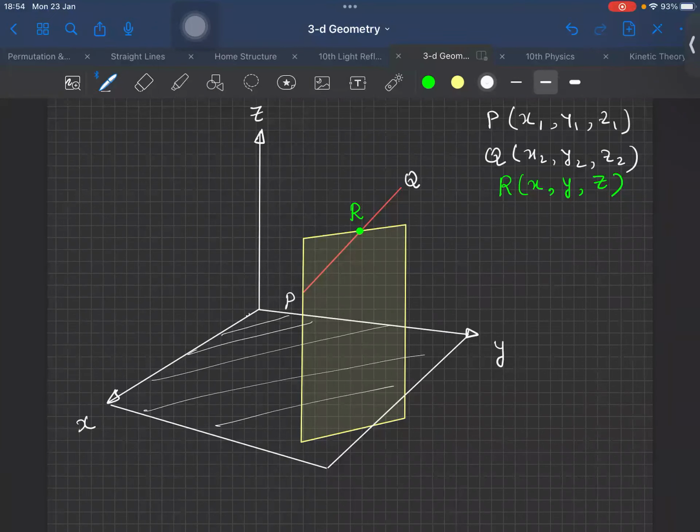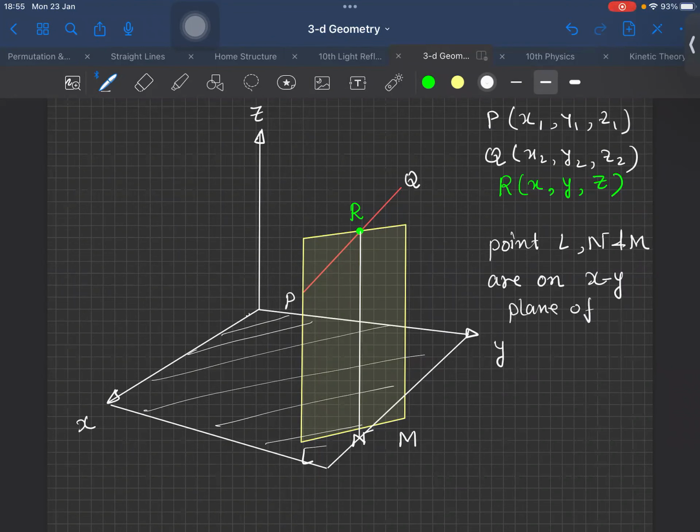If we draw a line perpendicular from R to some point on this plane, let's say this is N and this is M, L, M, N. Points L, N, and M are on the XY plane, or we can also say the Z plane.